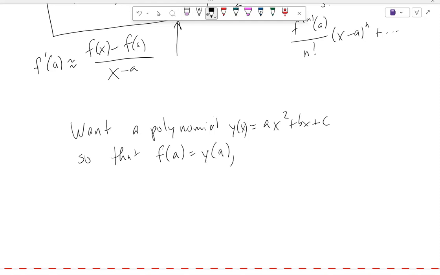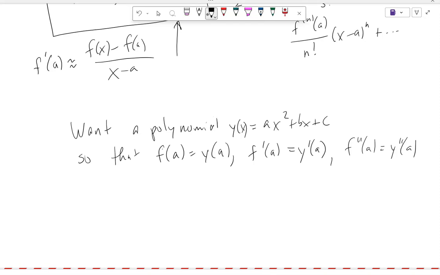I want the function values to agree. I want the first derivatives to agree. And we want the second derivatives to agree. That gives you a tangent quadratic, if you will, versus a tangent line. Well, let's see what the coefficients have to be.